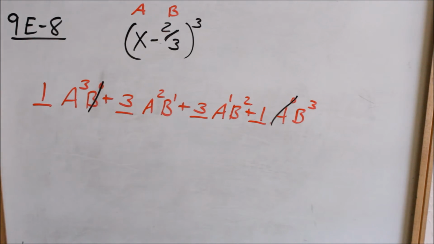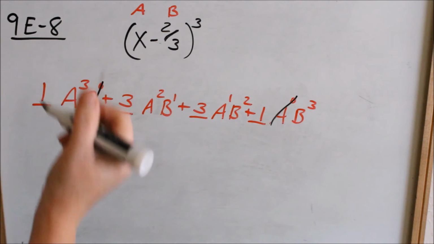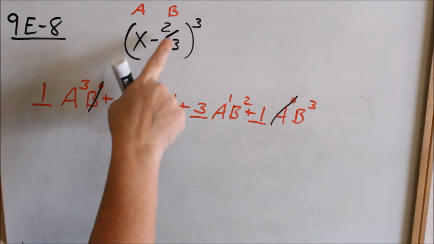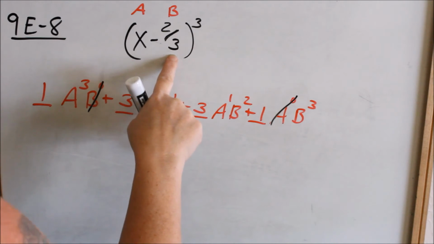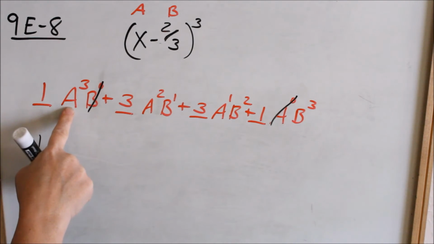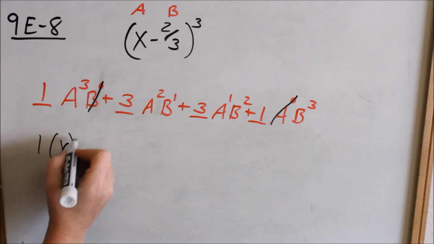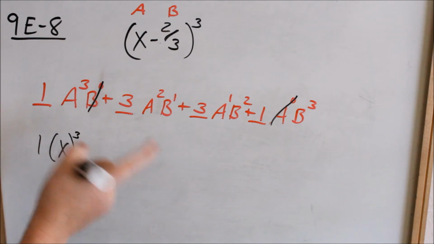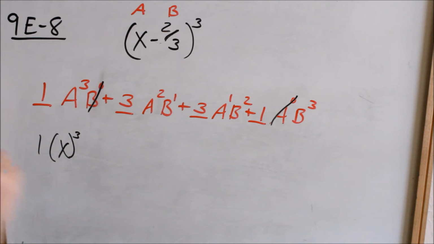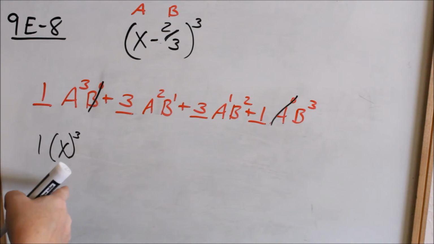Now I'm ready to put in my actual numbers into my formula. So everywhere I see an a, I'm going to put in x. Everywhere I see a b, I'm going to put in negative 2/3. So here's 1 times a, which is x cubed. It doesn't really matter if your cubed is on the inside or outside. It's a good rule to always put your power on the outside of your parentheses.